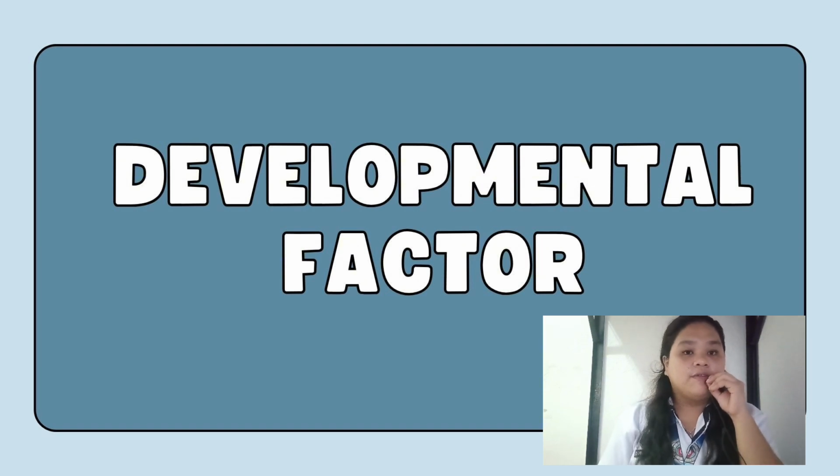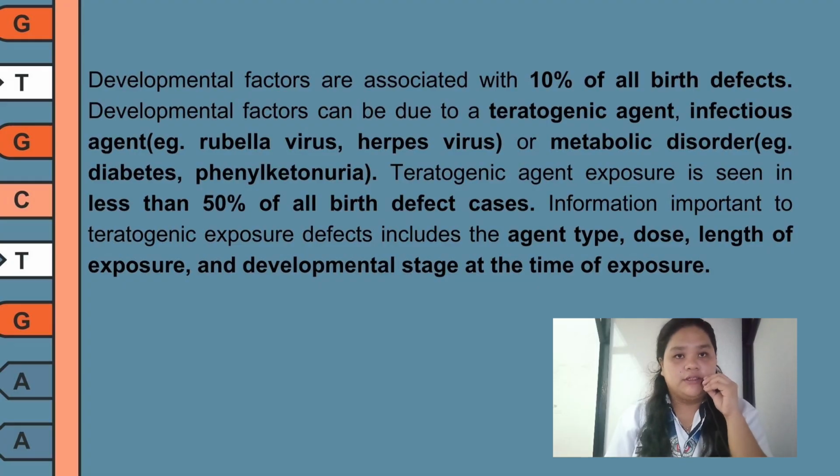Let's proceed to the developmental factor. Developmental factors are associated with 10% of all birth defects. Developmental factors can be due to a teratogenic agent, infectious agent, or rubella virus and herpes virus, or metabolic disorder that includes diabetes and phenylketonuria.